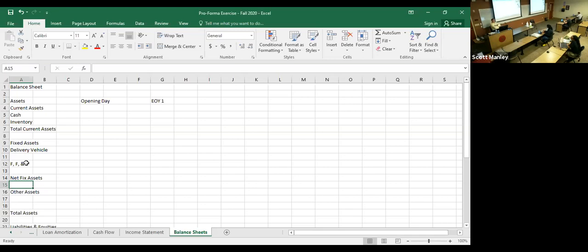Accumulated depreciation, okay? So delivery vehicle minus accumulated. Now on the income statement, we call it depreciation expense. But on the balance sheet, we call it accumulated depreciation because we keep a running total of that through the years, okay?